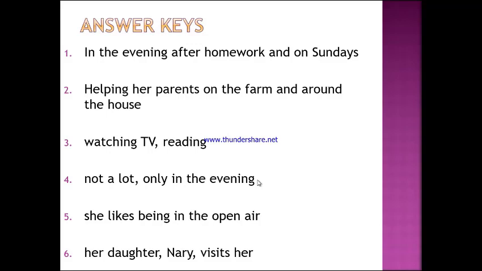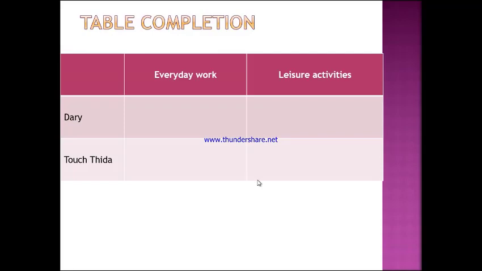So after you have finished the questions, I want you to take a look at section C. In section C, you need to draw a table of 3 columns. The first column is about the name, and the second column is about the everyday work.